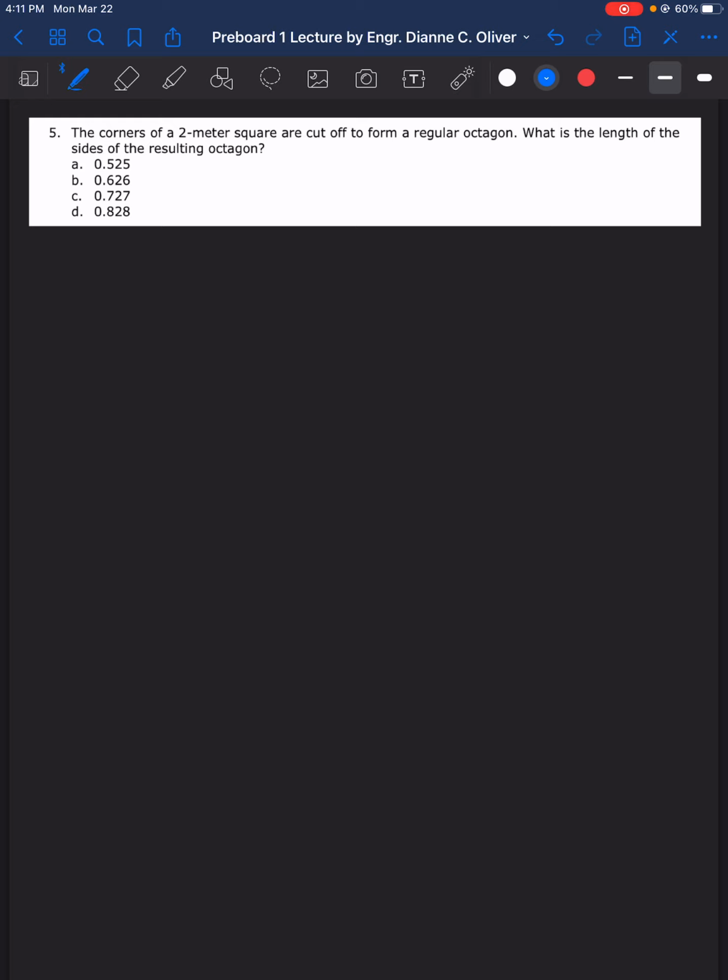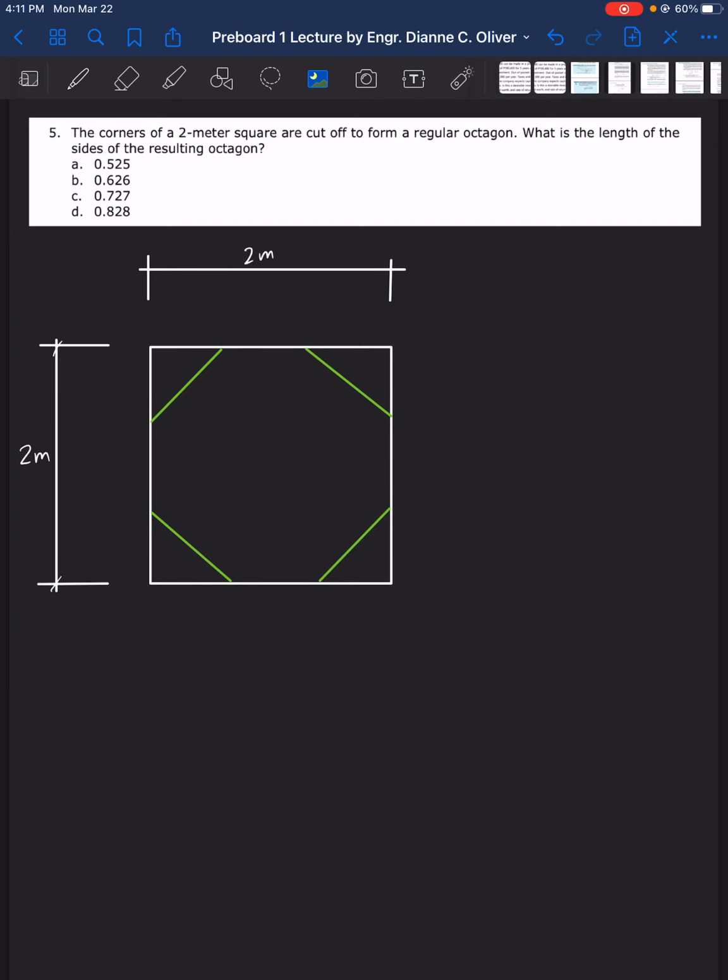So here is the square, a 2-meter square, and the green ones here are the sides of the octagon. So what is the length of the sides of the resulting octagon?